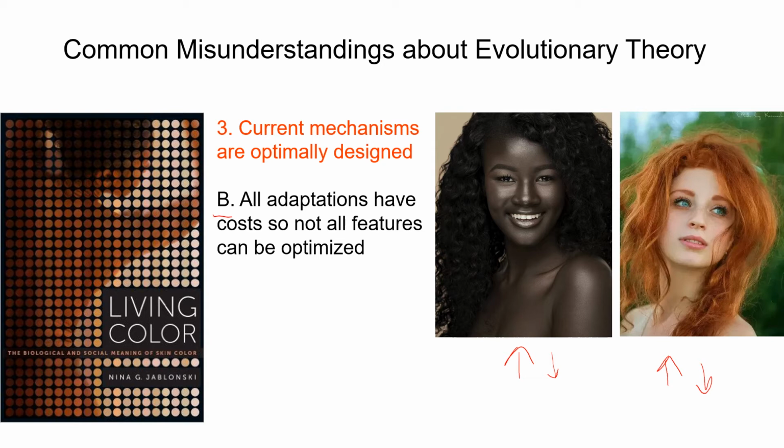So we then have to ask, well, why don't we all have darker colored skin? Why don't we all have lighter colored skin? Why is there variance in color of skin? And that is because these different skin tones evolved in environments where it would have been beneficial to have one skin tone or the other. The girl on the left is from an evolved environment where there were large quantities of sun.